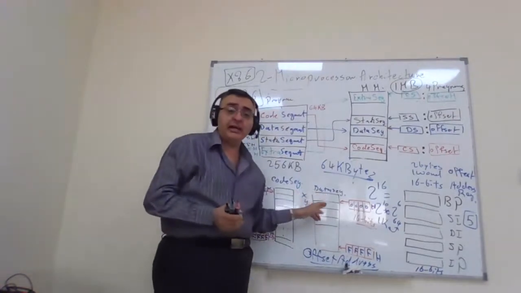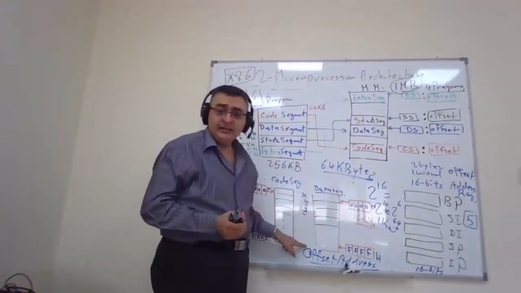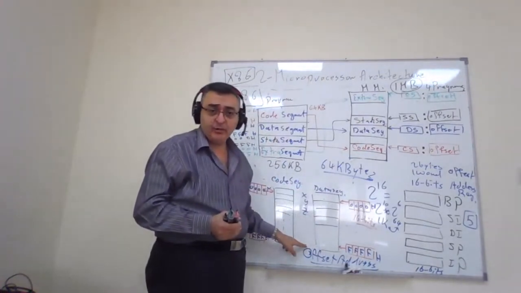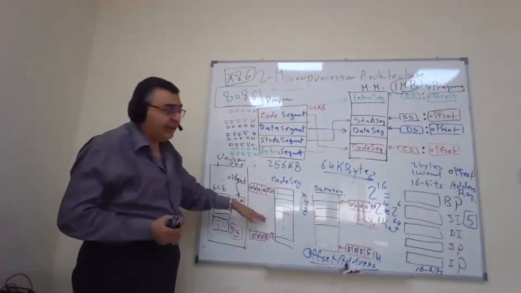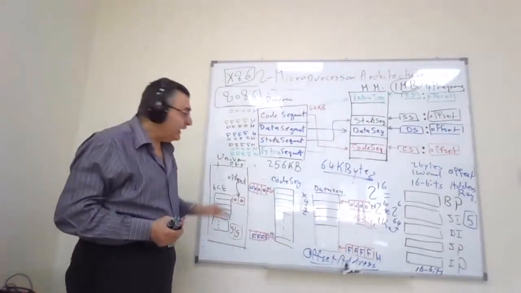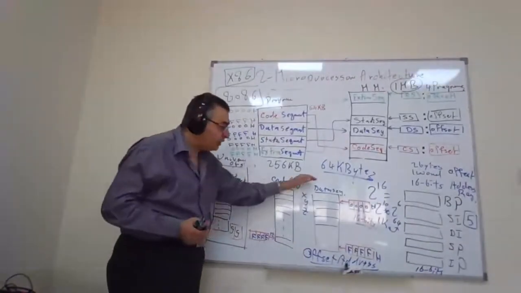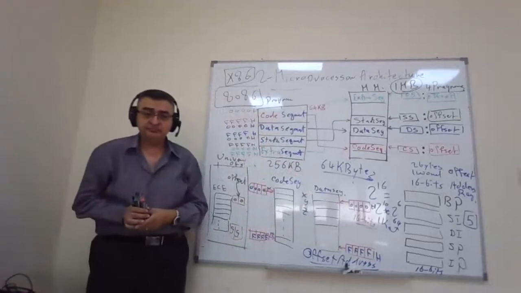And you can define your variables and parameters for the data segment until you fill up the 64 kilobytes here. While you are developing all of this, you are only dealing with offset addresses, relative to the starting points of the code segment, the data segment, the extra segment, and the stack segment.